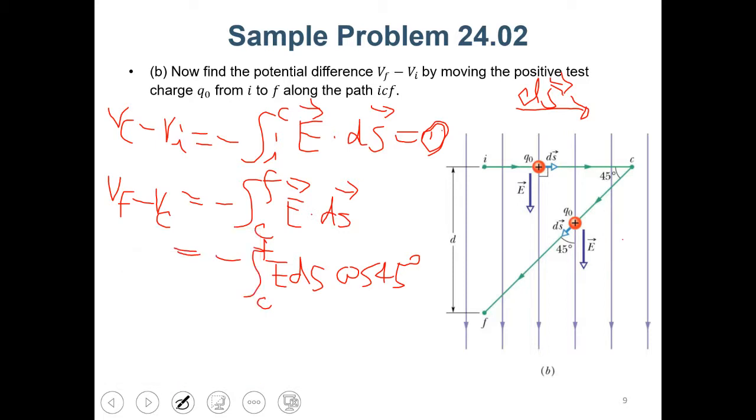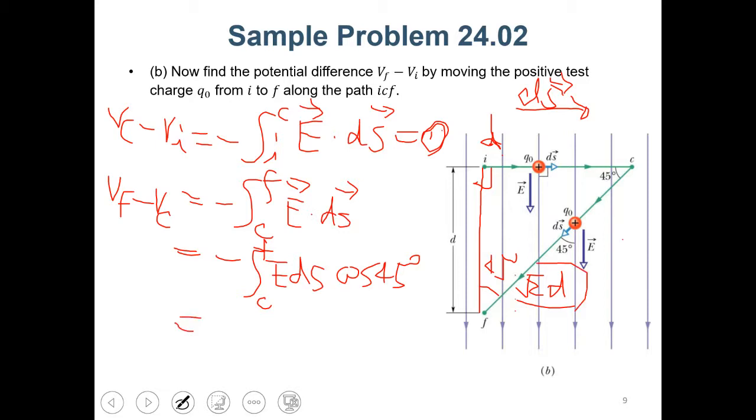This is 45 degrees, this is a right angle, so the distance it moved is actually square root of 2 times d, because this is also 45 degrees. This is d, no matter how you calculate, using the trigonometry function or the Pythagoras theorem, it will be square root of 2 times d.